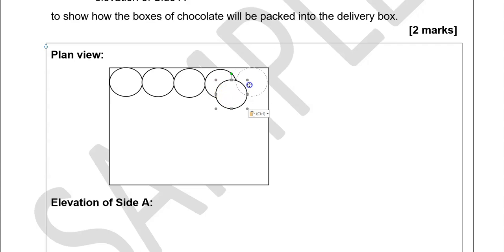So one more. As this is a square-shaped box, and the dimensions of both of these two items will be the same, that means we can fit 5 again alongside the width.